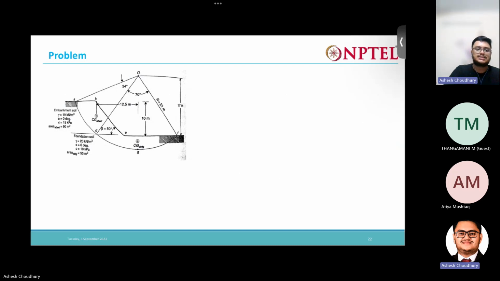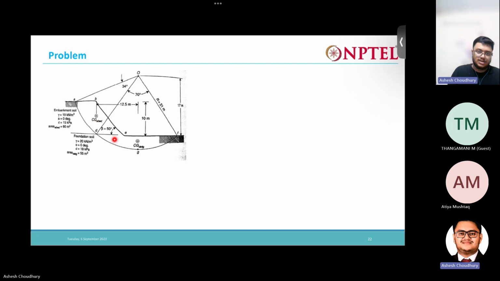You can see the slope here, the embankment, and here we have the foundation soil. All the properties are given. These angles are given, and the slip circle is also marked, along with the CGs.